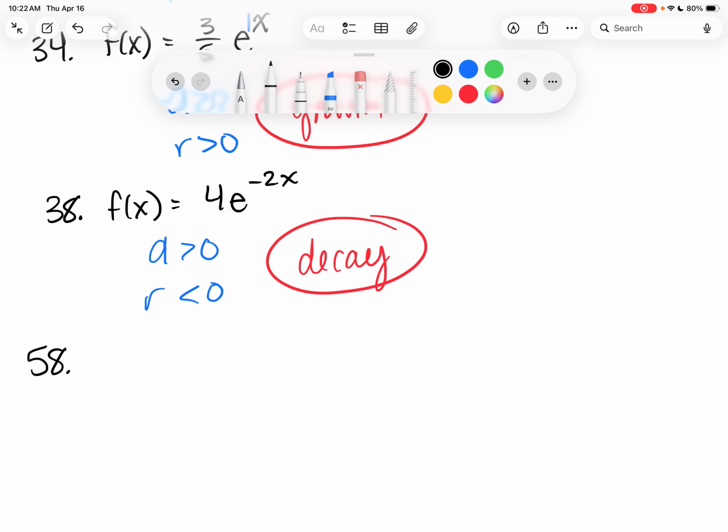All right, now a word problem. 58. It's a word problem, but it's really not.